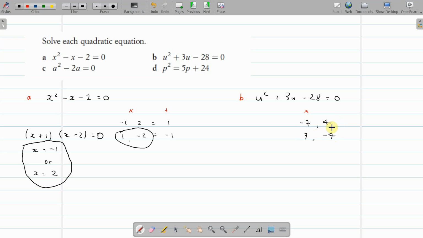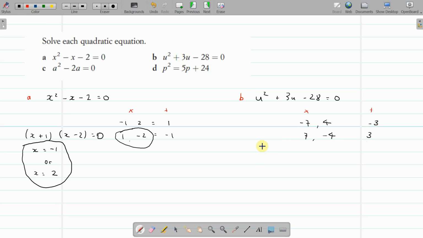That also equals minus 28. You could also do 14 and 2, 28 and 1, but when you add them that doesn't look like it gets close to 3. So let's have a look. Minus 7 plus 4 is minus 3. Close. 7 minus 4 equals 3. That's what we want. Plus 3, good.